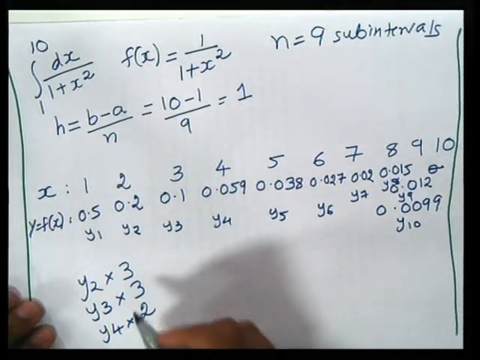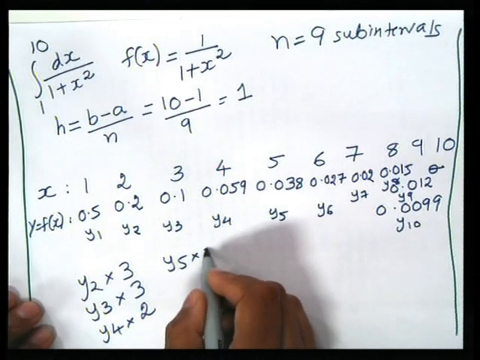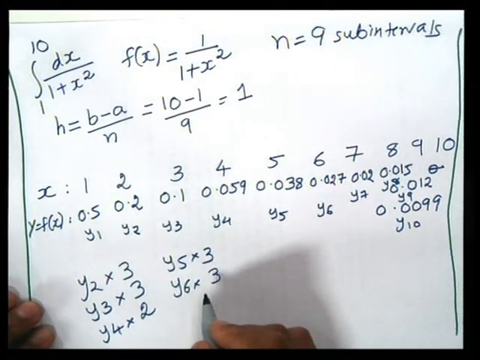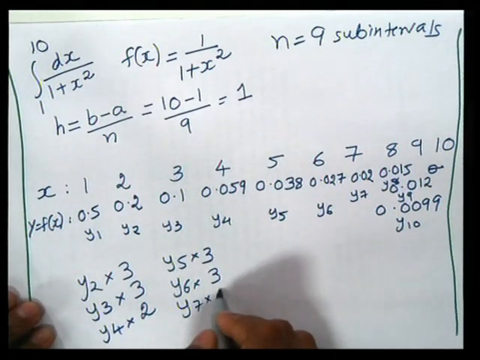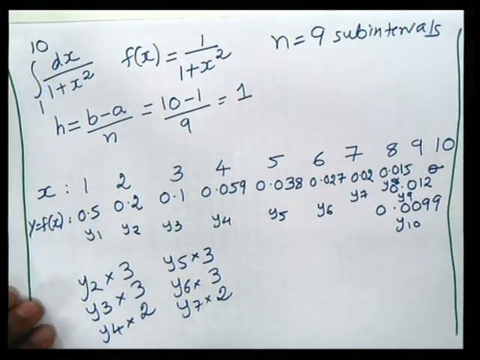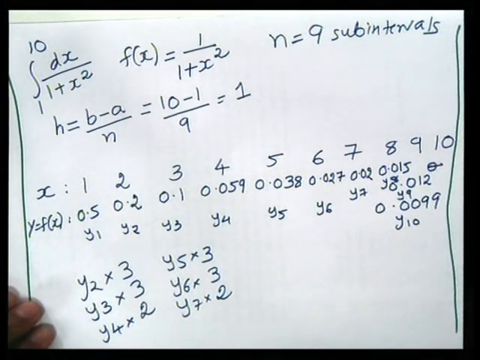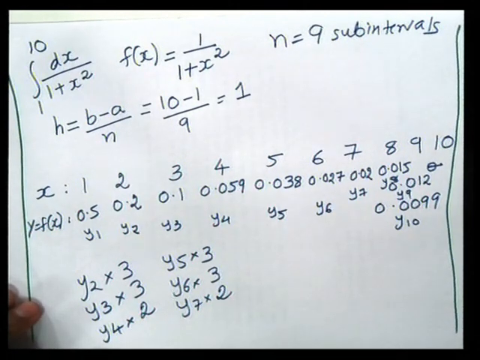Again the next number, y5, I will multiply by 3. y6, I will multiply by 3. And y7, I will be multiplying by 2. So it is a combination of the coefficients 3, 3, 2, 3, 3, 2 and so on. This is the easy way to remember the formula for Simpson's 3/8 rule.